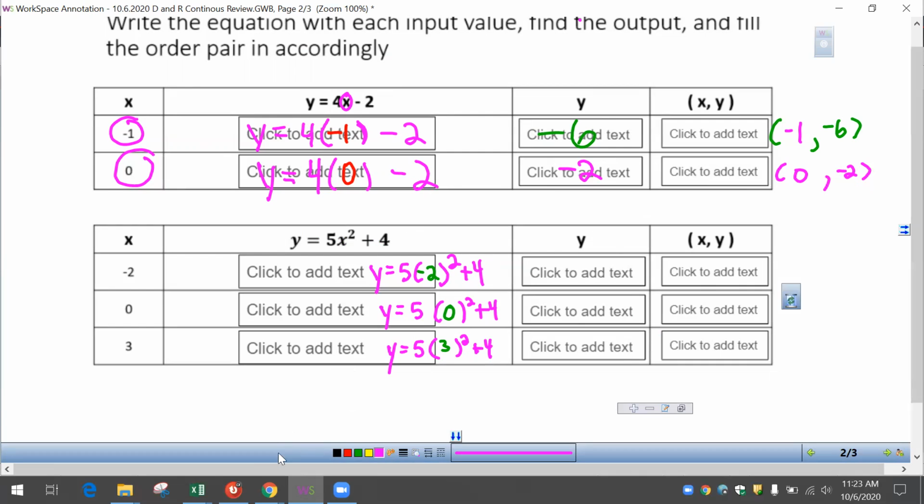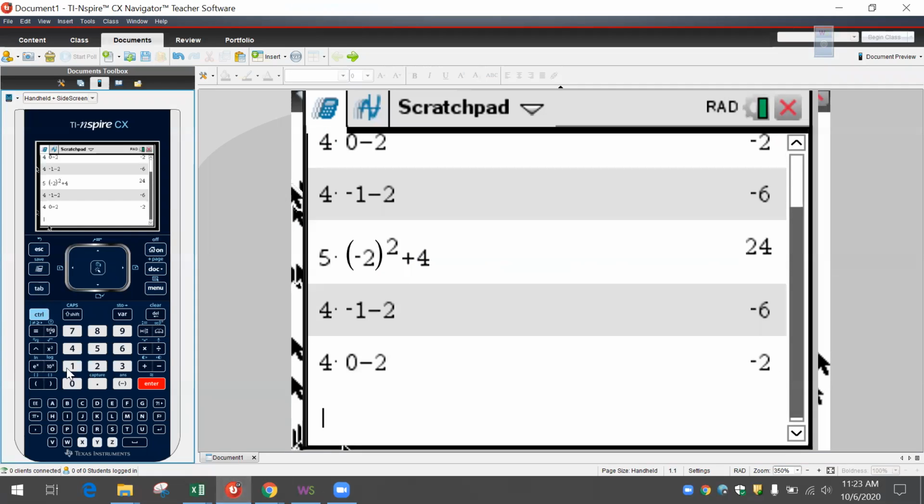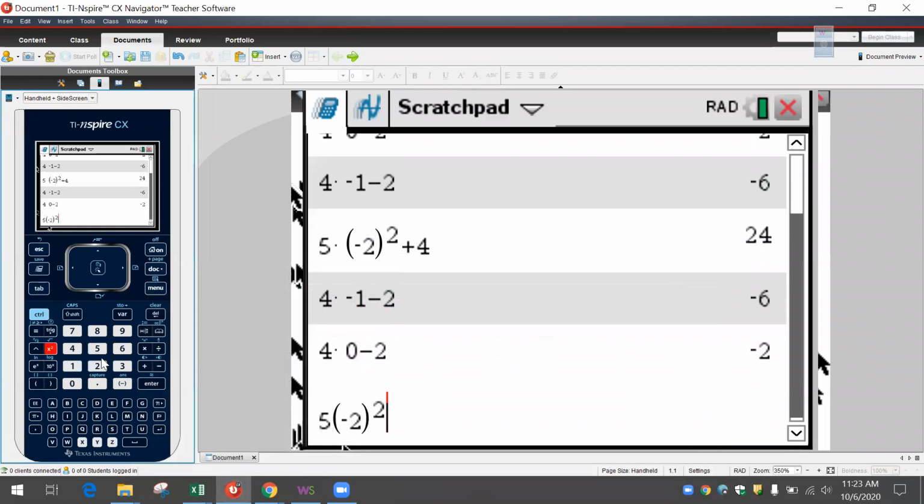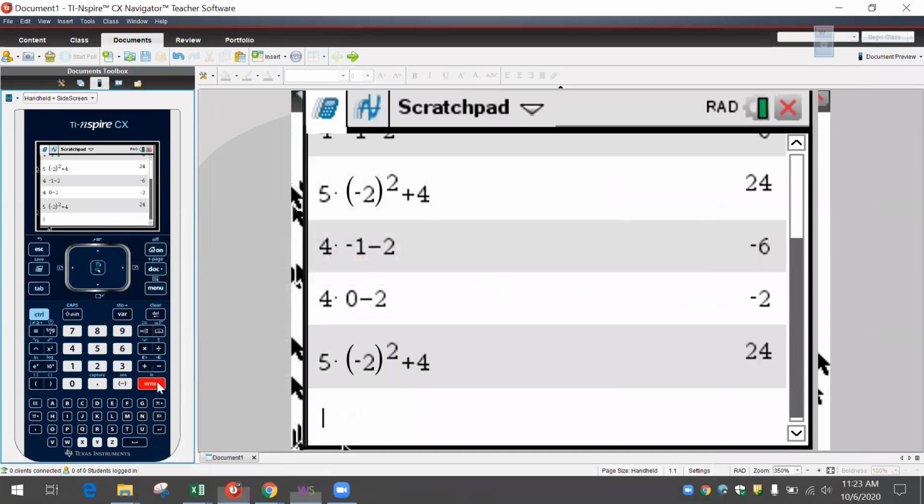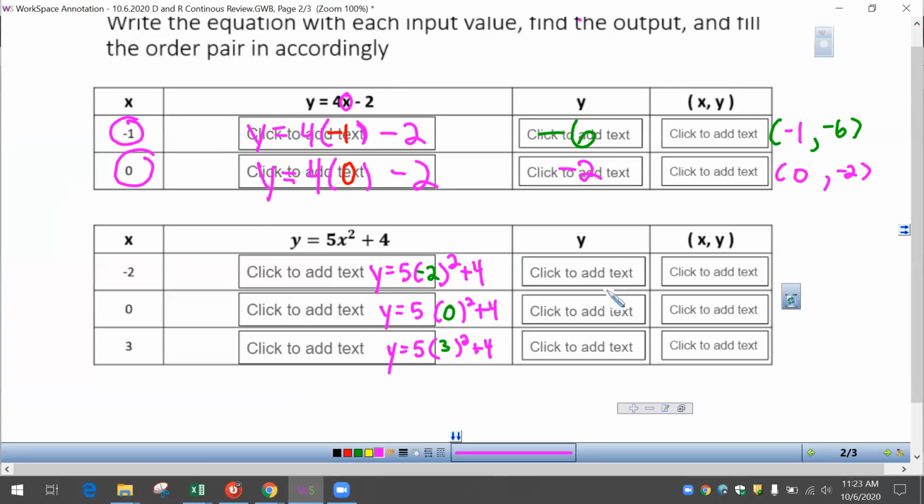When you type this into the calculator, you'll type in 5, open parentheses, -2 squared plus 4. So you get 24. So we'll type in -2 comma 24. All right. So that's all you're doing.